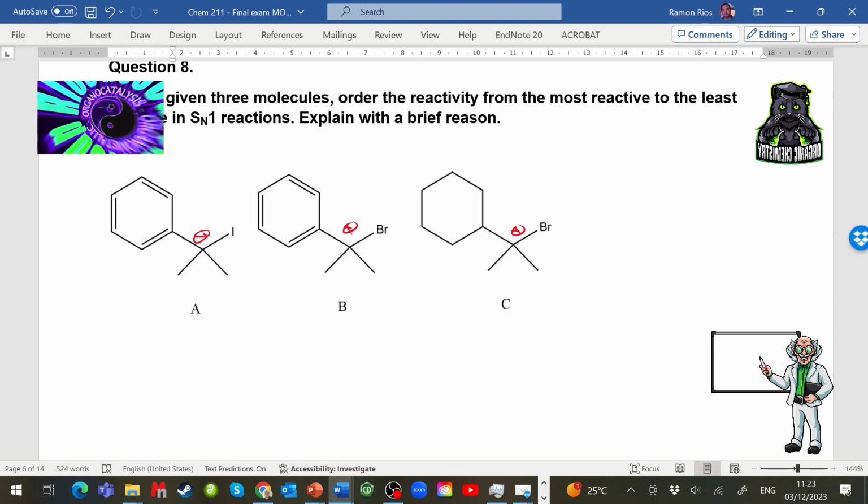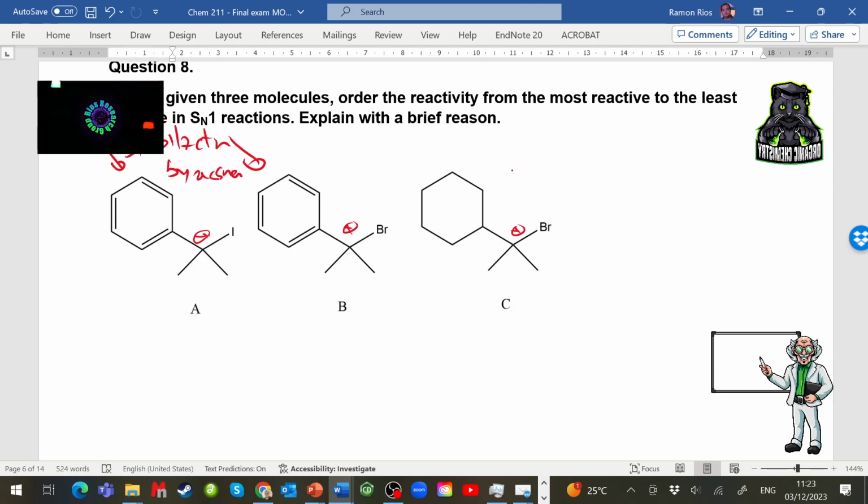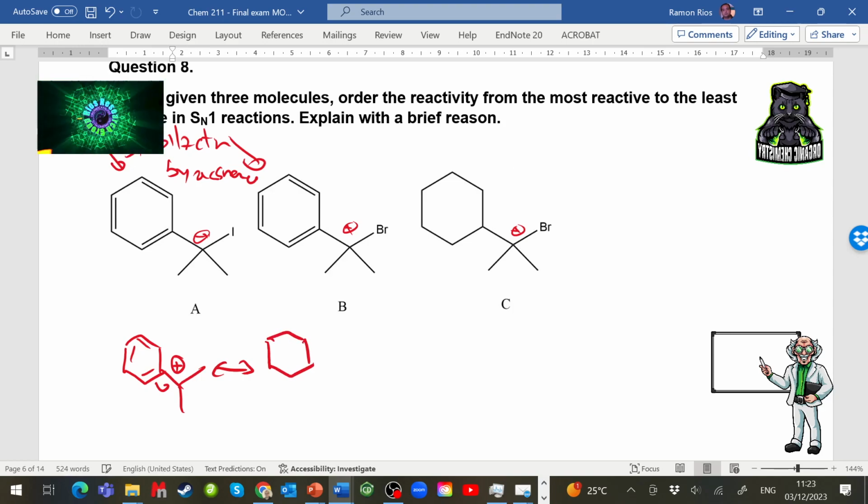Okay, all are tertiary, but obviously these compounds will present a stabilization by resonance. That means that when we form this compound, we can stabilize this, and what we can generate is this compound.